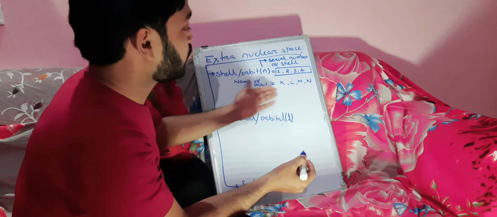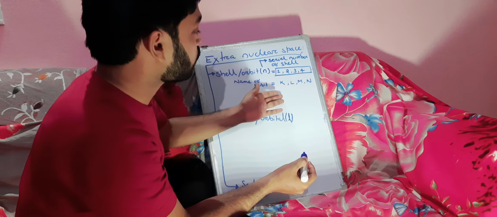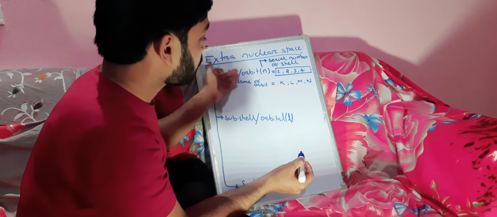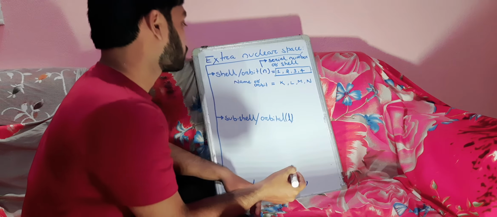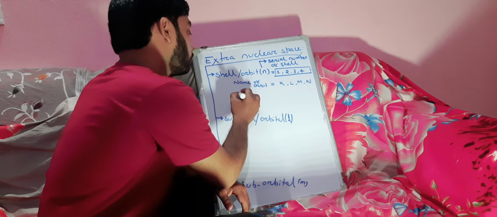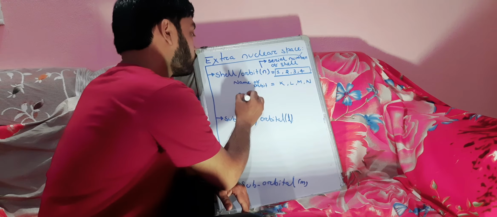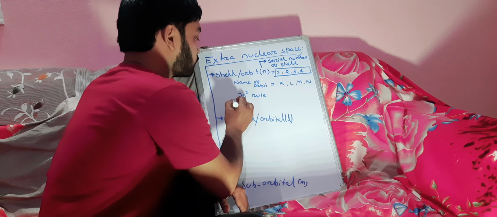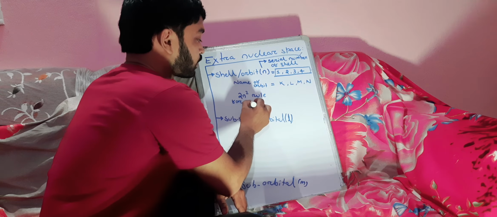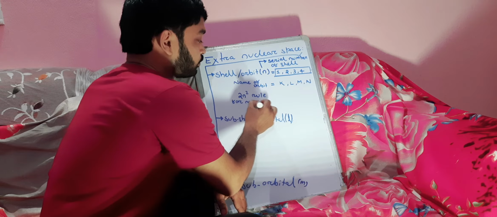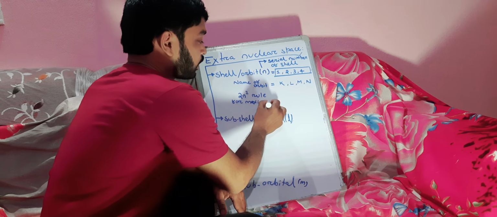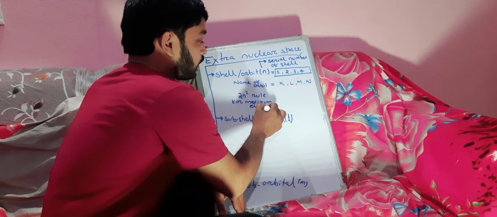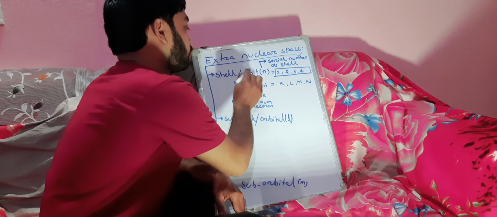After knowing the name of the shell from the n value, we learn how many electrons can be carried by these orbits. For this we have to know the 2n square rule for the maximum number of electrons in an orbit.